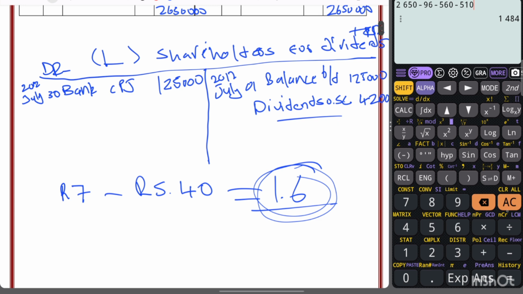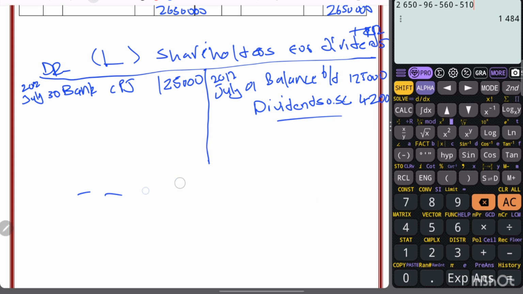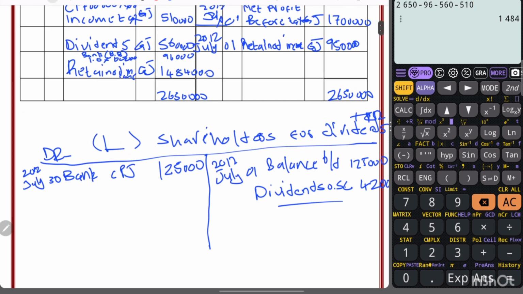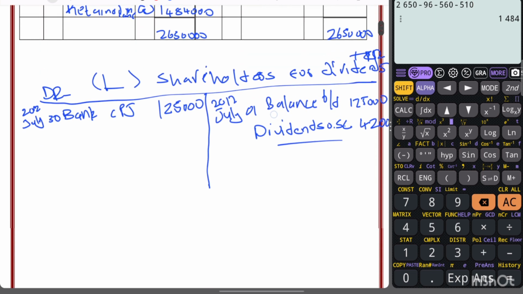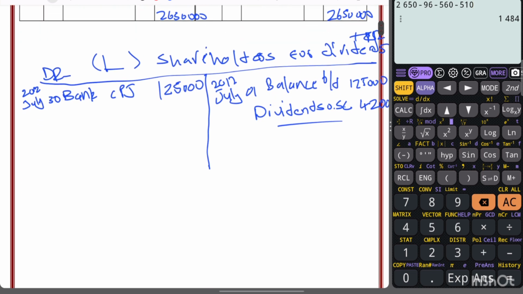I hope you are still with me. I will do now the note for the return income, as I know that most of the learners will not understand the return income, especially in the appropriation account. Let's do the note now for the return income. The note for the return income goes as follows.